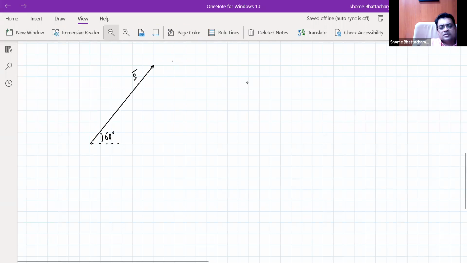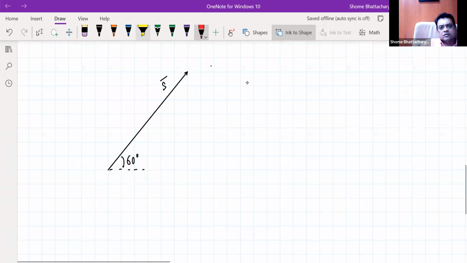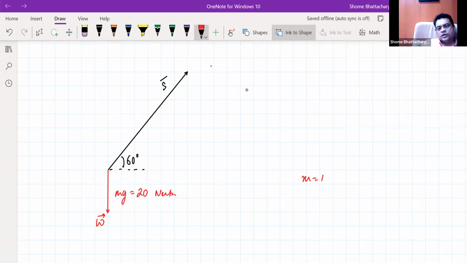The weight is a vector which is acting downwards, no? So weight is like this, mg. Its magnitude is how much? 20 newtons, I think. We take m to be 2 kgs.